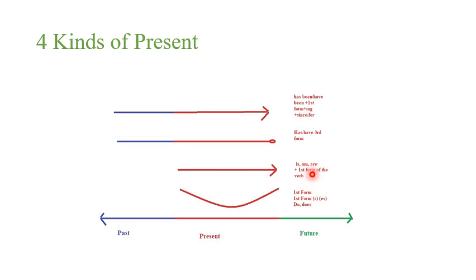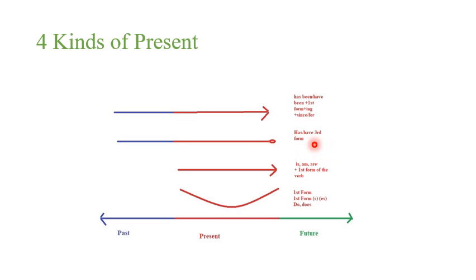It means at the time we are talking about it, the actual action still continues. We use is, am, and are plus the first form of the verb. Then there is the third kind of present, in which the action starts in the past and then moves into the present, but it has just come to an end.